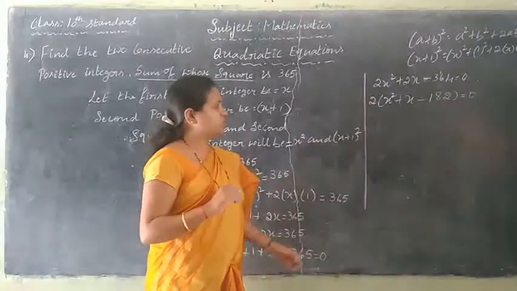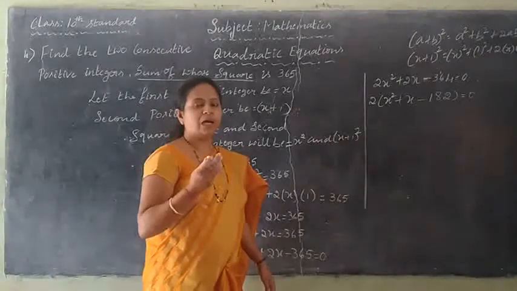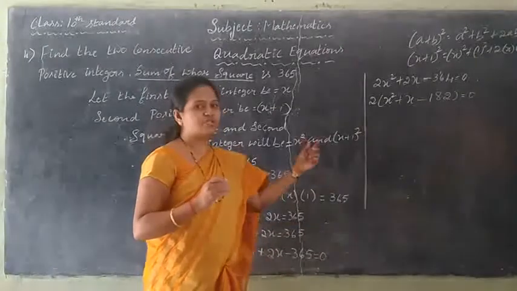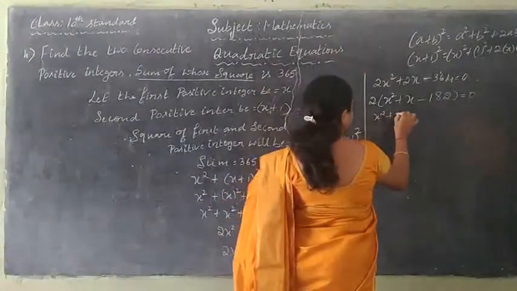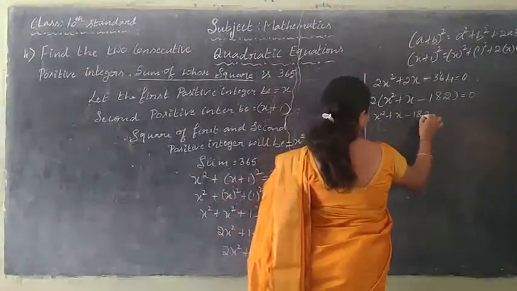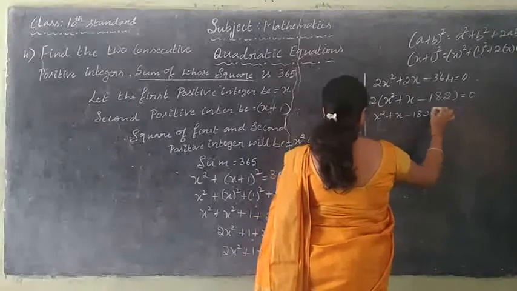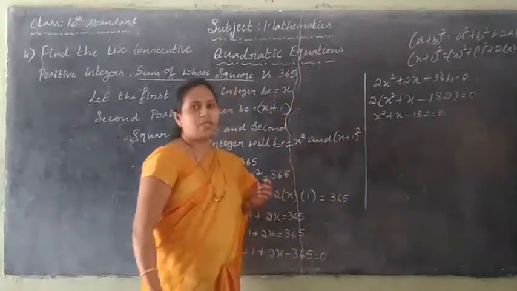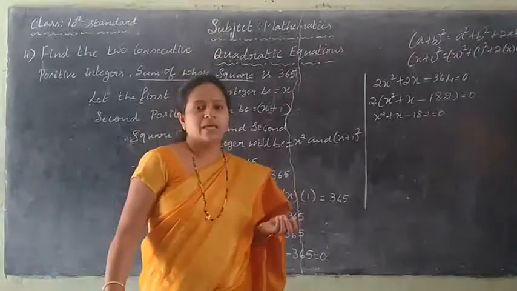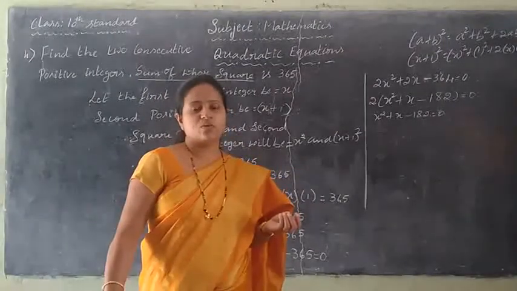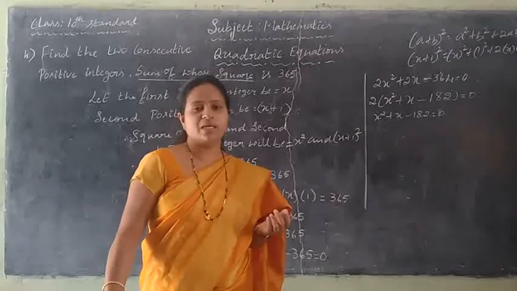In this we are going to take 2 as common. After taking 2 as common, the remaining equation is x square plus x minus 182 is equal to 0. Okay. Now we got the equation in the form of ax square plus bx plus c is equal to 0. That is the general form of a quadratic equation.